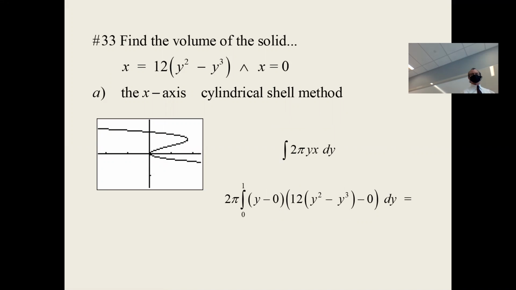Well, the answer is secondary to you being familiar with what's on the slide that says 2 pi, y take away 0, x take away 0, dy. And then you can follow the PowerPoint to get the substitution of the values and to get the volume of the shape. Okay?